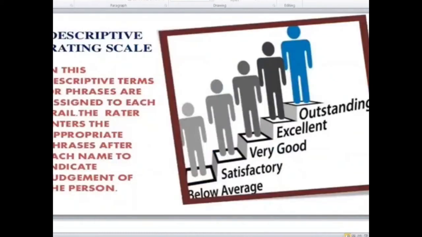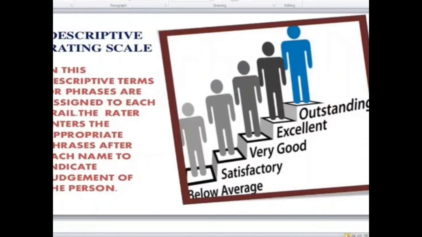First one is the descriptive rating scale. In this descriptive rating scale, descriptive terms or phrases are assigned to each trait. For each trait, we are giving some descriptive terms or phrases. The rater enters the appropriate phrases after each name to indicate the judgment of the person.